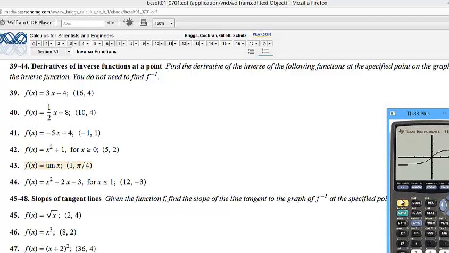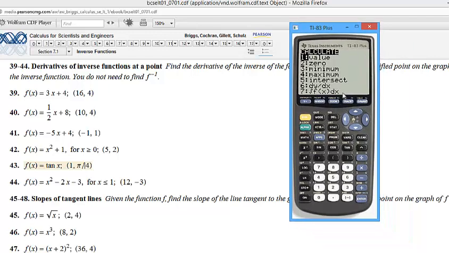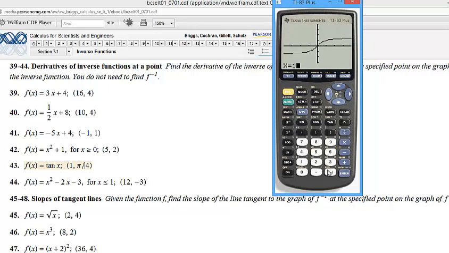But what I can do now is I can calculate a value for what's the inverse tangent of 1. And what should the answer be? Well, they say 0.7853. Is that pi over 4? I don't know.